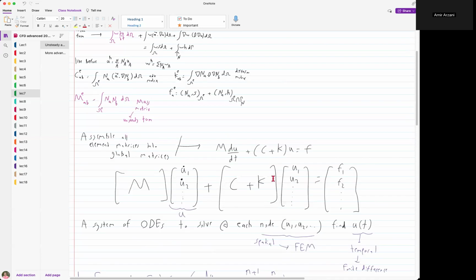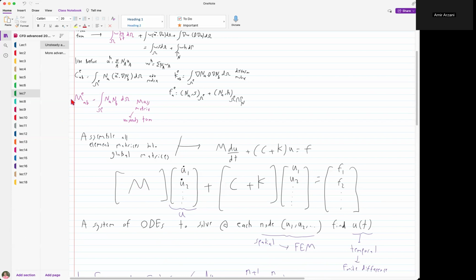So our task now is to solve this linear system of ordinary differential equations. So we have these time derivatives here. So this is a vector where you have the time derivatives of U at different nodal values. So each U sub I, so U1, U2, U3, these are all of our nodal unknowns that we're trying to solve.